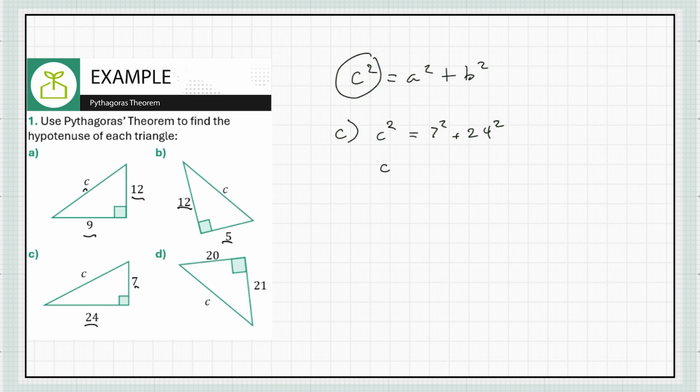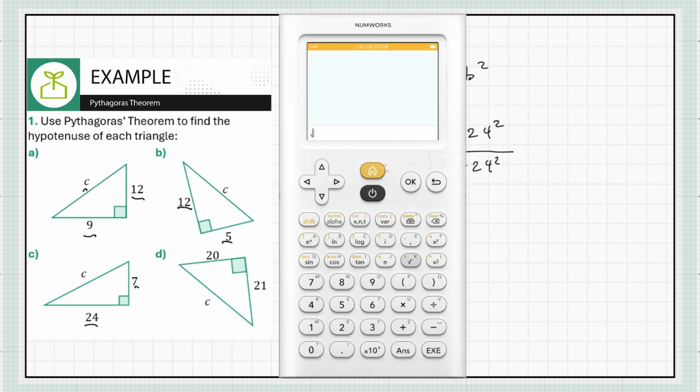What we can do is we can take the square root of everything underneath here, and then we can put this entire expression into our calculator. Hit the square root. For this one I need to put it in brackets. So 7 squared plus 24 squared, and then just hit execute. So the end result there will give you 25.